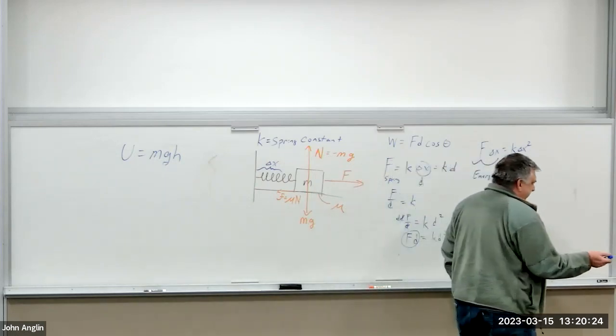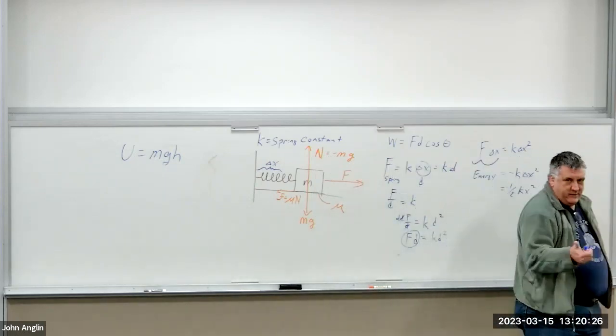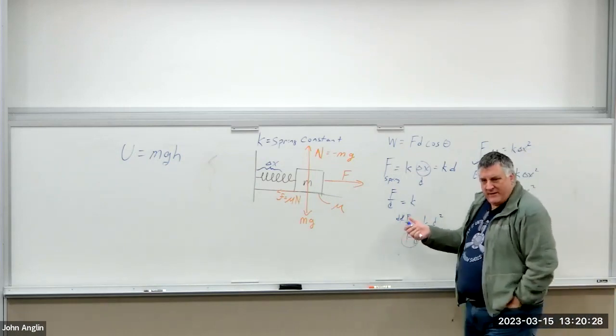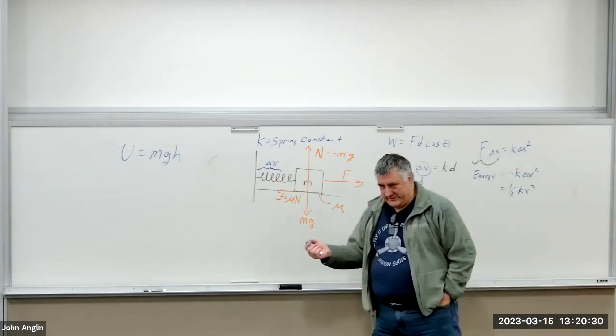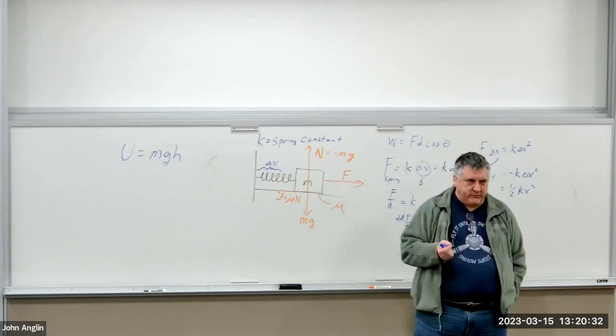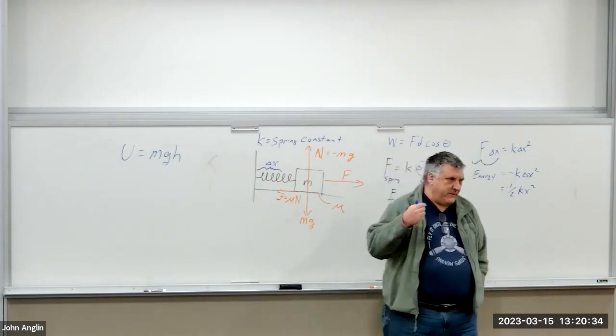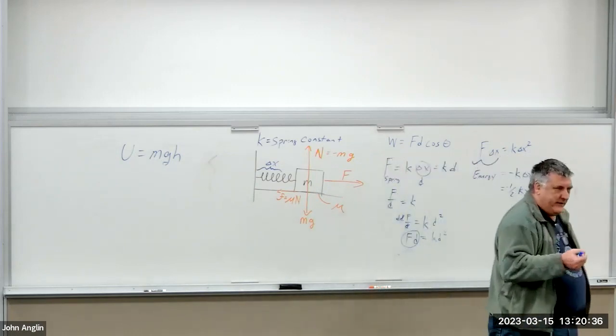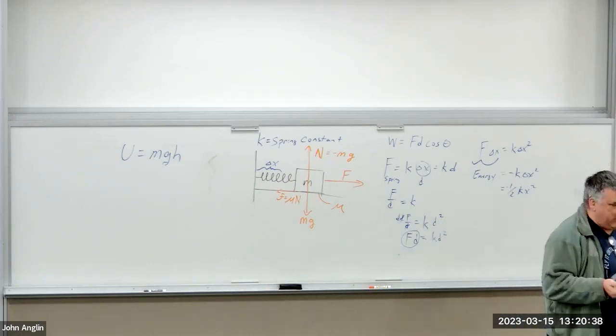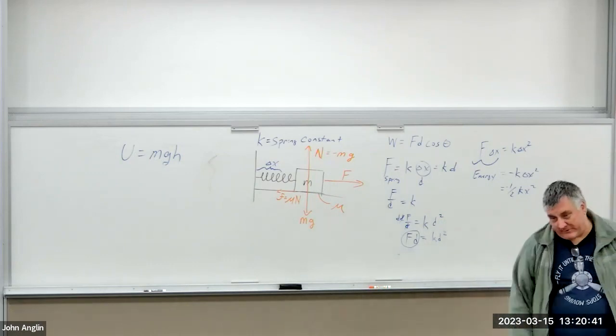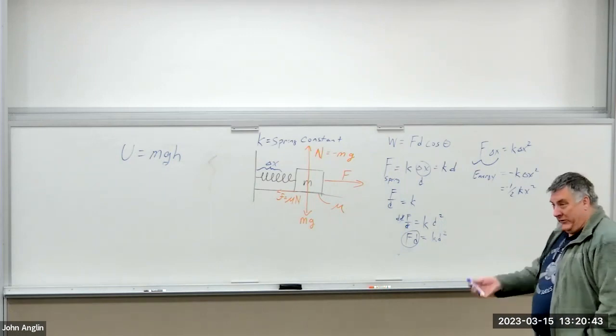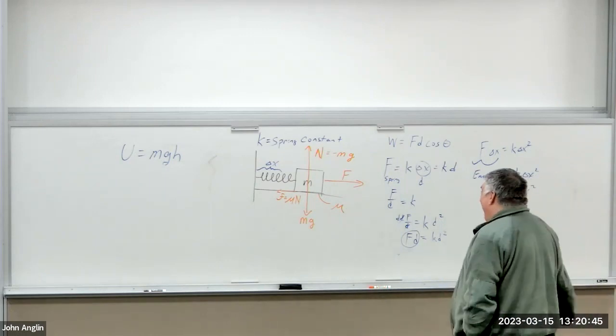When we talk about gravitational potential, the thing that is causing the motion, right? In order for there to be motion, there has to be an acceleration. There has to be a force, and if there's a force, there must be an acceleration because Newton's second law, F equals ma.